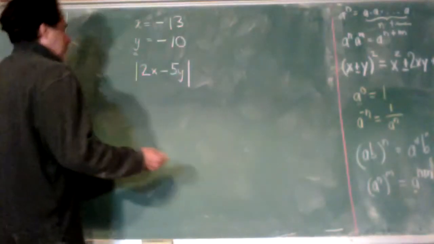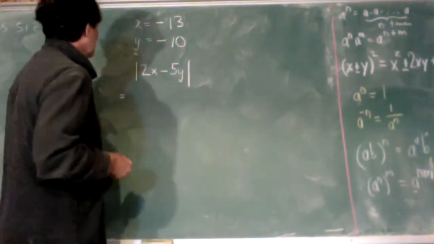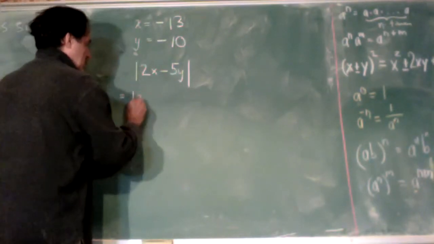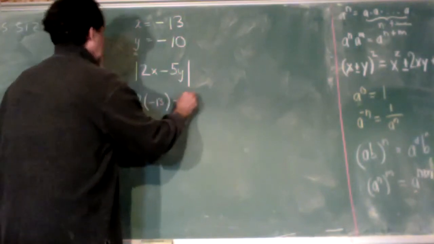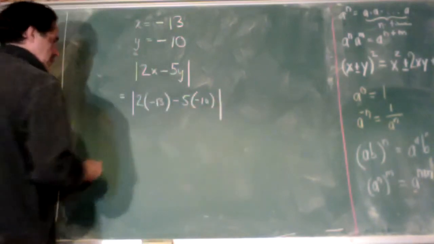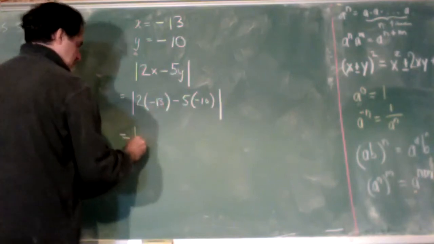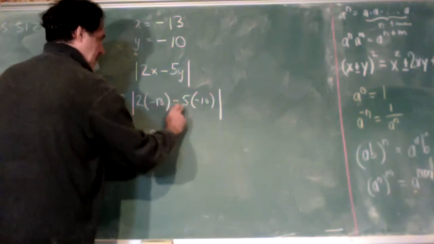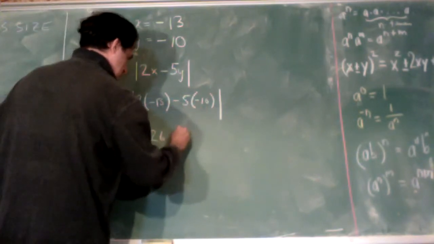First thing we do, before we ask the question about what is absolute value, is we simply substitute in for x and y and see how far we get with that. 2 times -13 minus 5 times -10, quantity, absolute value. 2 times -13 is -26. -5 times -10 is plus 50.